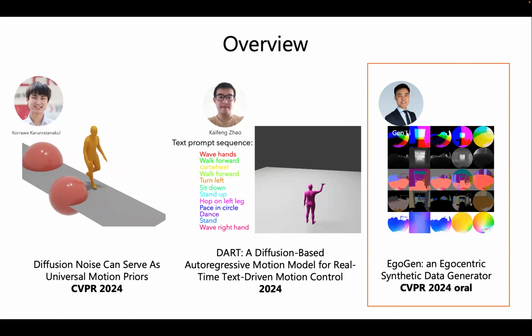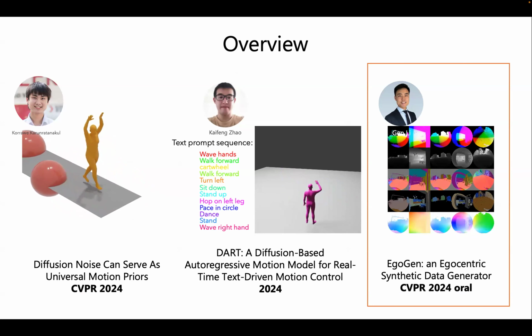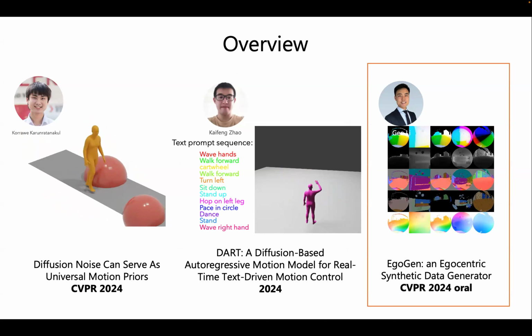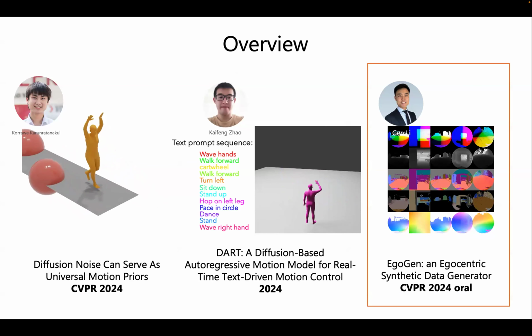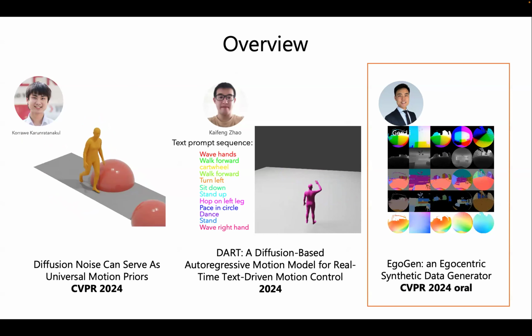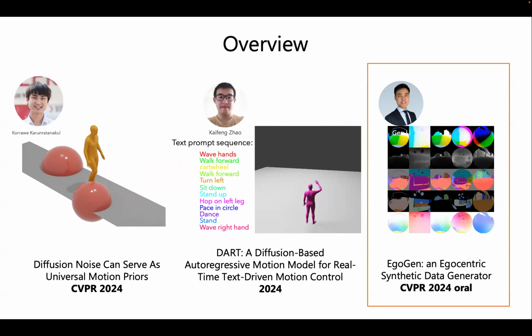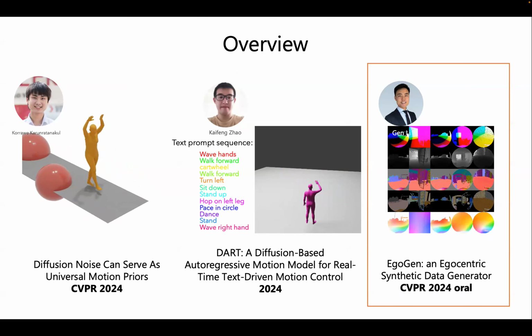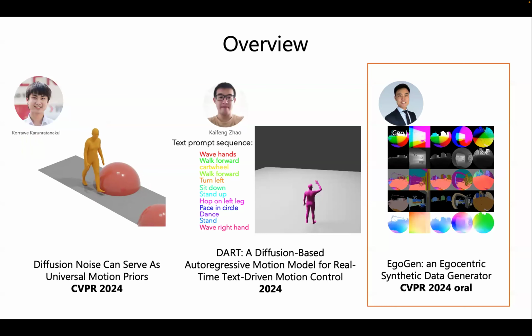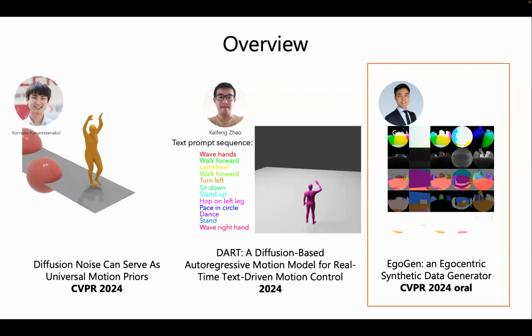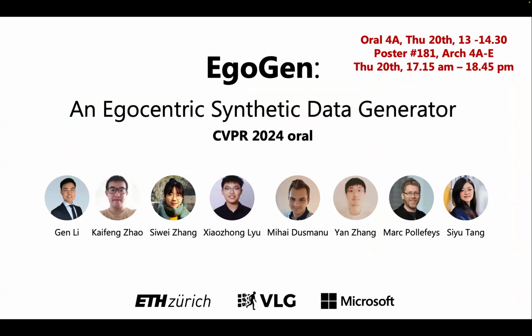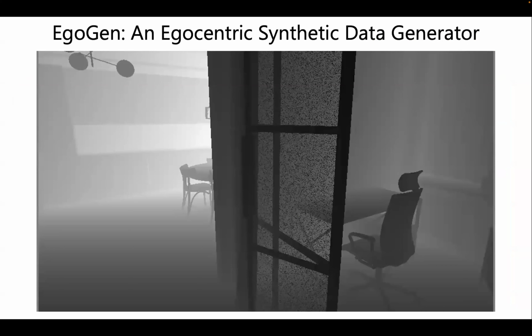In this work, we show that by designing a human motion generation model and combining it with graphics assets, we can synthesize lots of training data for egocentric tasks and improve egocentric perception performance. This will be an oral presentation on Thursday, and this is a collaboration with Microsoft.